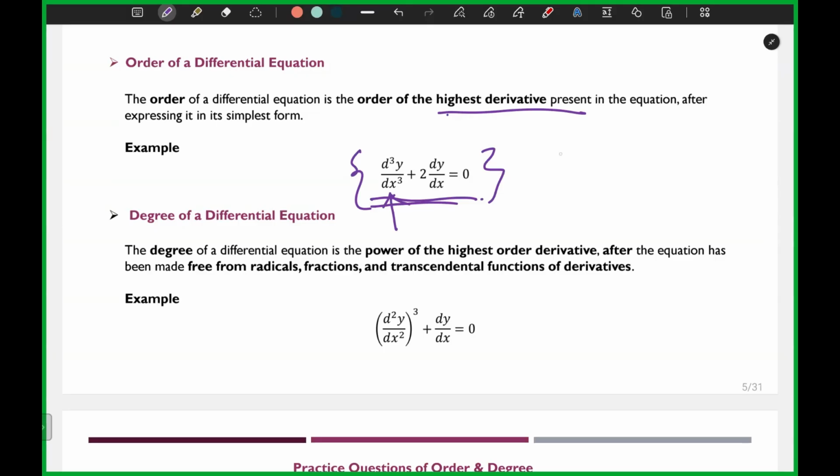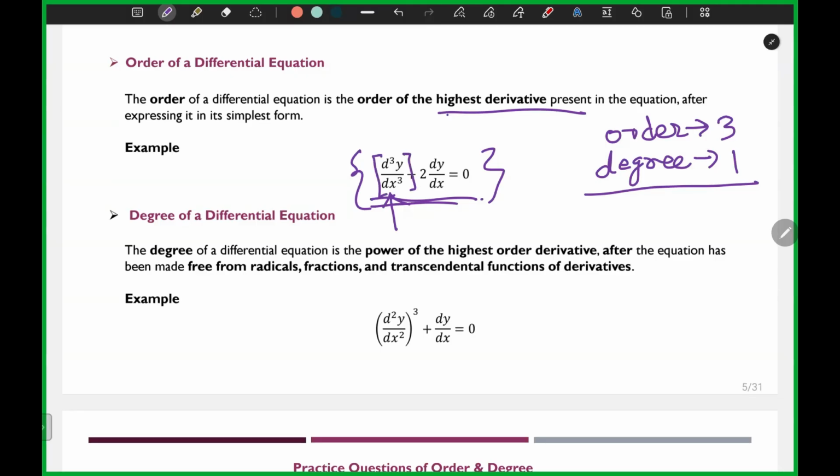The highest order of the differentiation. Order is 3, that's the trick. Order is 3 and degree is 1. Order is the highest derivative, that is d cube, the 3-time derivative, right? And degree is the highest power of that part.